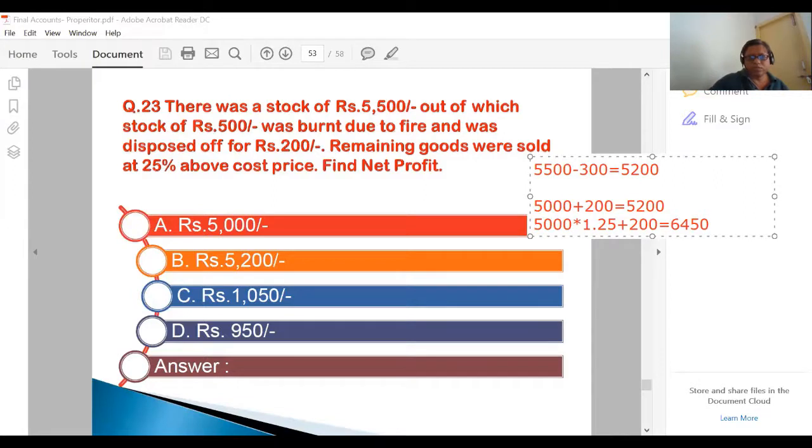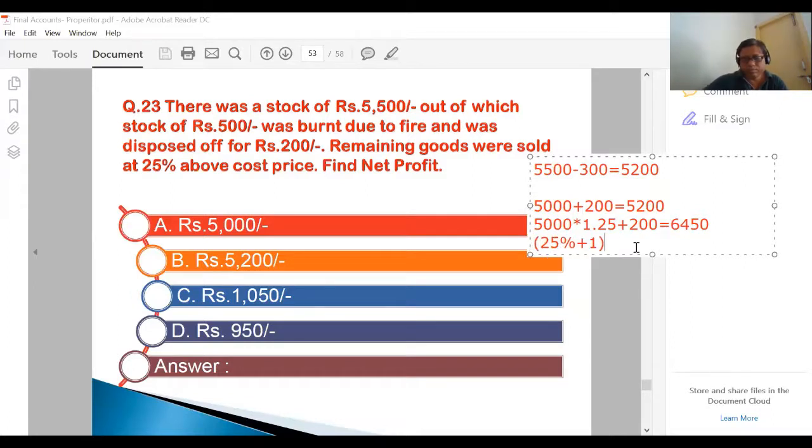Somebody is asking a question, sir. How did you get 1.25? 1.25 is nothing but 25 percentage plus 1. That will give us 1.25.